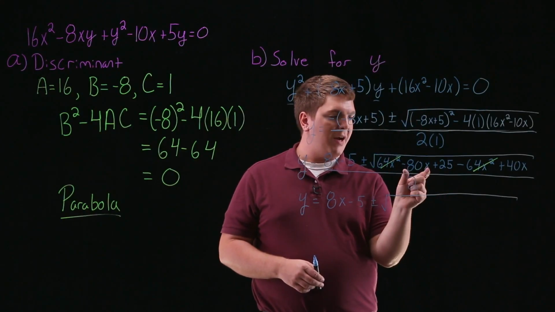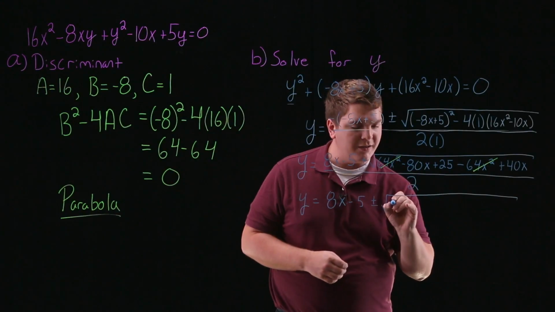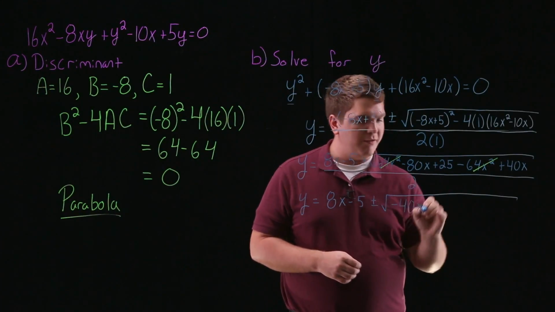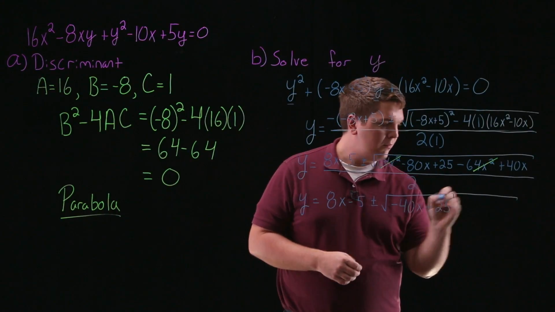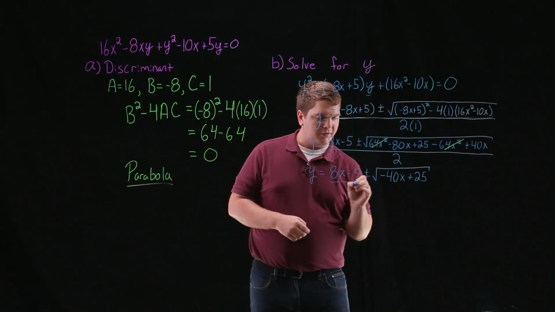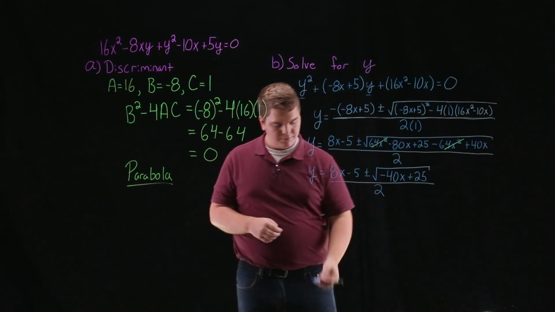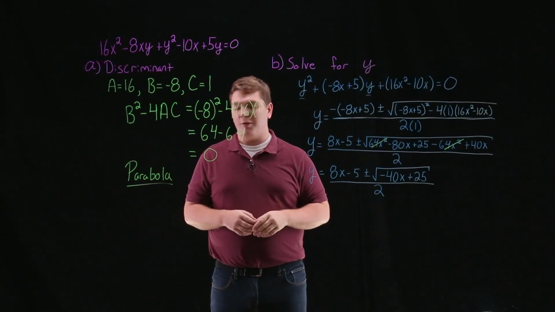And we have a minus 80x plus a 40x, which is going to be minus 40x, plus 25. And this is all divided by 2. So now we have y solved for in terms of x, and we simplified a little bit.